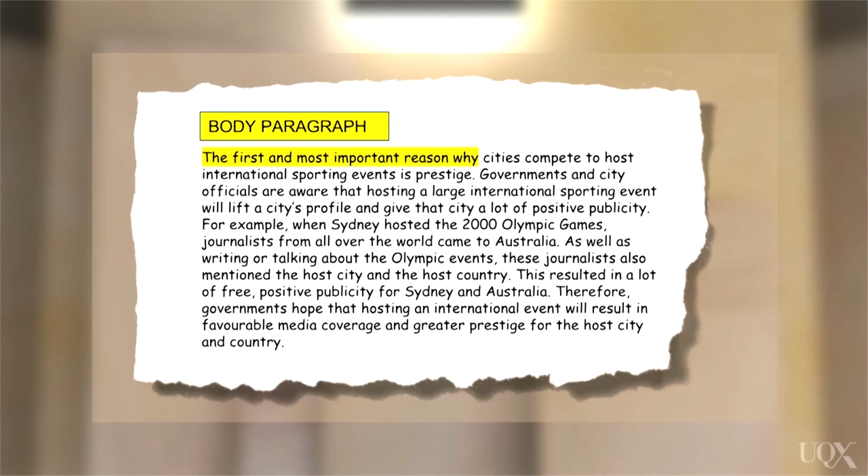This is the first paragraph of the body of the essay. It explains the first reason why countries want to host big sporting events. Note the use of signpost language here. It's clear that the writer is going to explain the first main point in this paragraph.